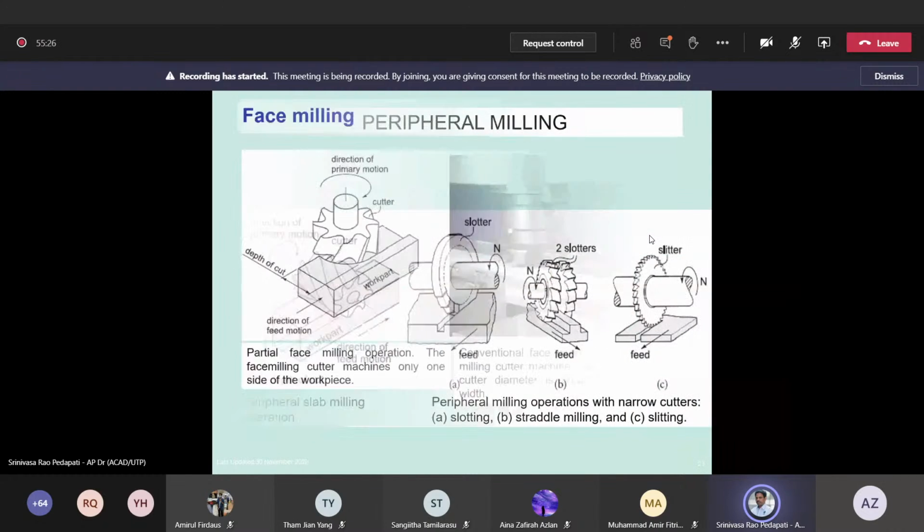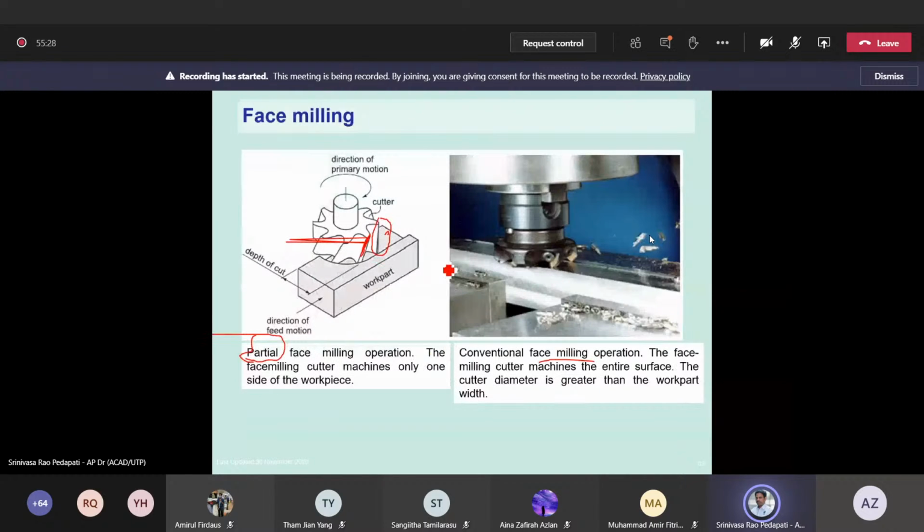Pure face milling means there is no cutting edge at this edge, just to see whether it is participating. Whereas in this figure, it is showing some kind of thickness for the tool, and that is having some teeth. So that is why it is named partial milling. If these are participating in cutting, that is called partial. It is not a pure face milling.